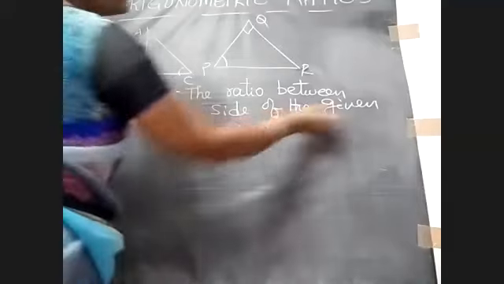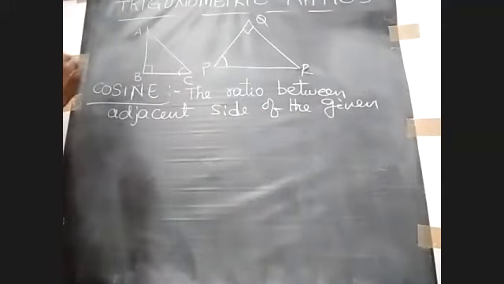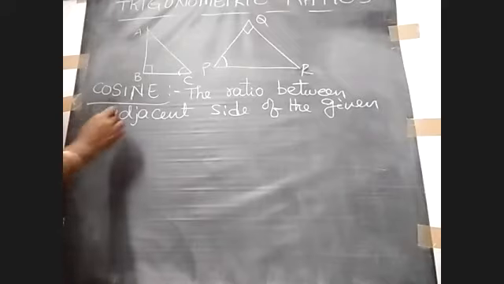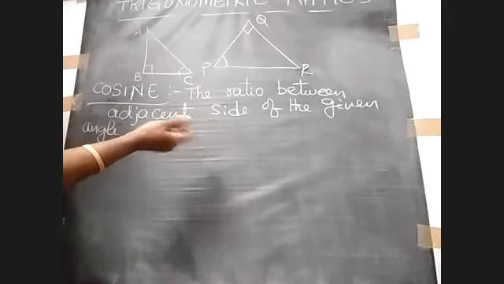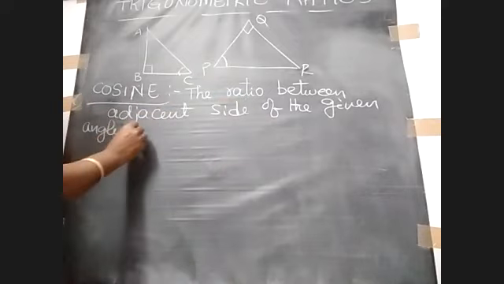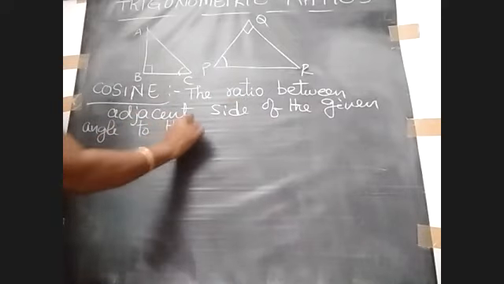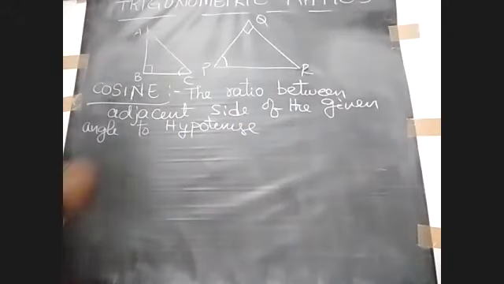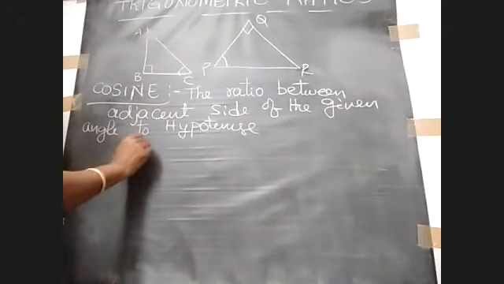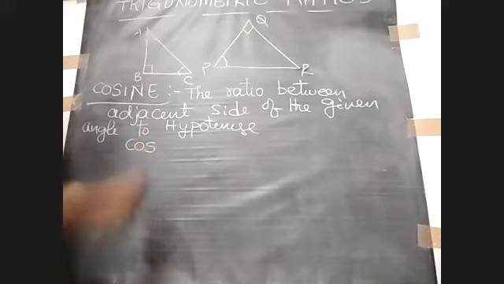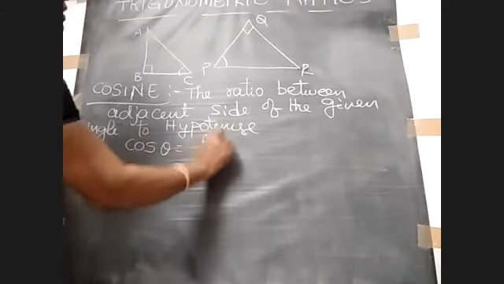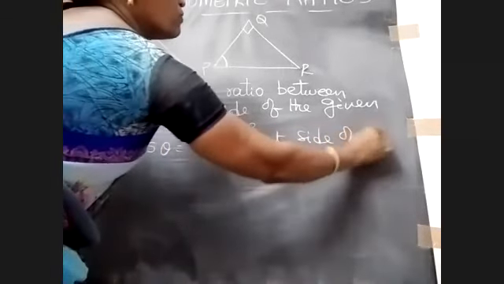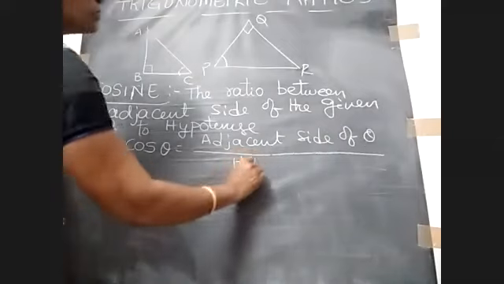It is the most important point we have to mention here, that is the given angle, because if the angle changes, then the adjacent side also changes. So the adjacent side of the given angle to hypotenuse is nothing but cosine. Okay, so it can be written as cos theta is equal to adjacent side of theta by hypotenuse.